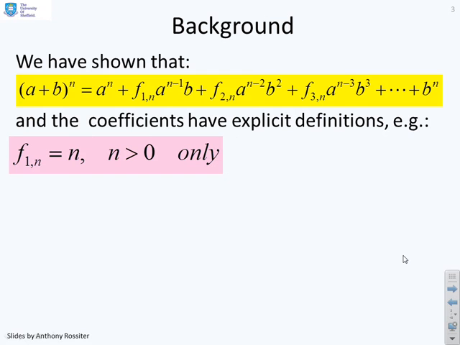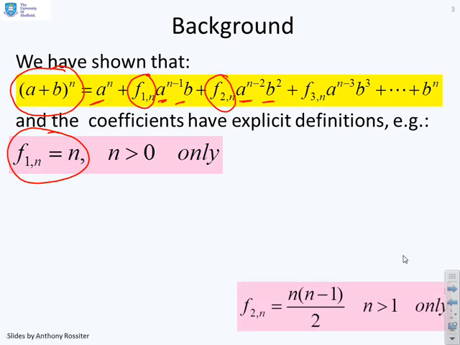If we've got a binomial expansion, we're talking about something like (a plus b) to the power n, and we know that can be written as a to the power n, plus some coefficient times a to the n minus 1 times b, plus some other coefficient times a to the n minus 2 times b squared, and so on. What we need is these coefficients. We've shown earlier the first coefficient, f1(n), is given as n.